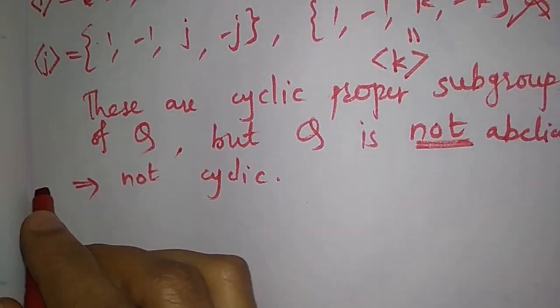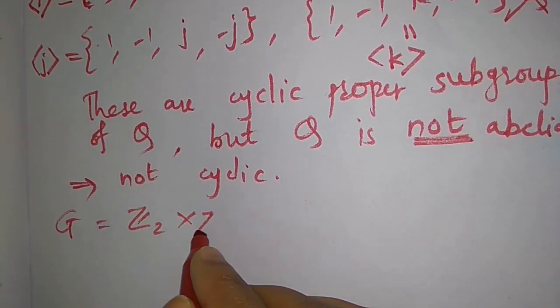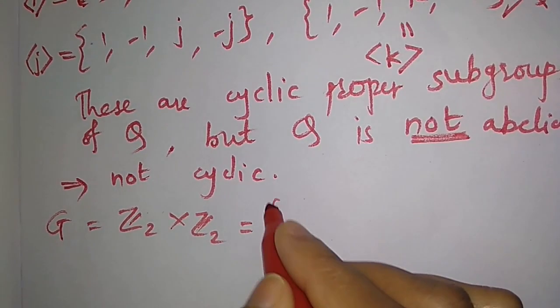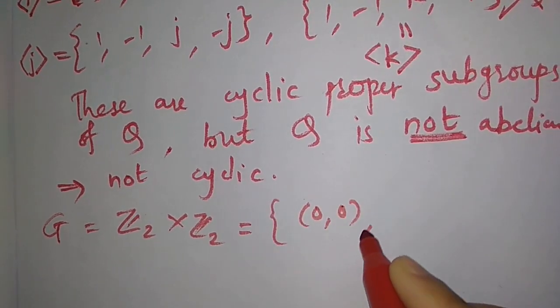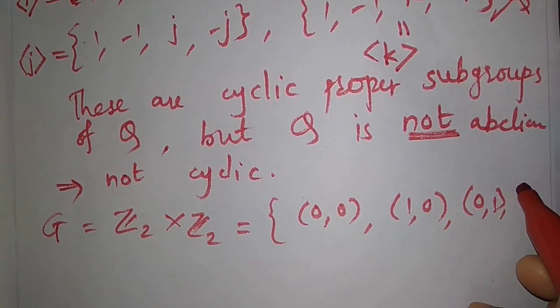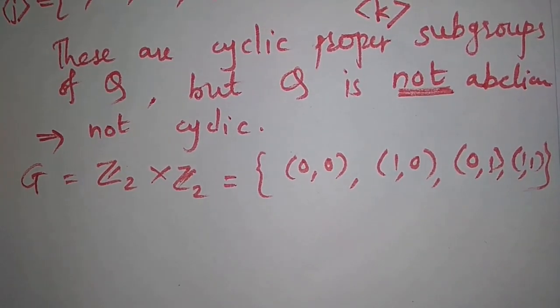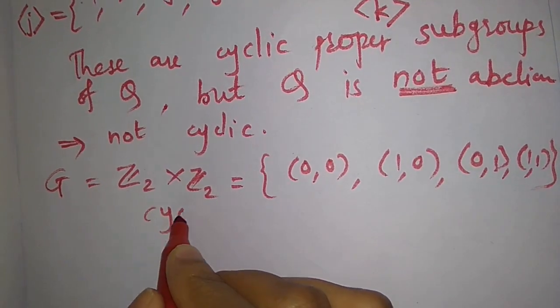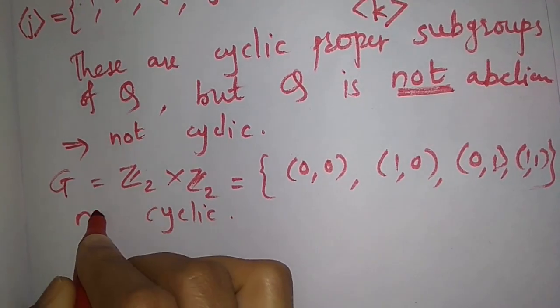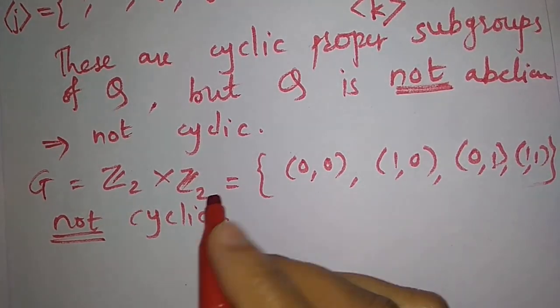Or you can take a second counterexample: let us say G is equal to Z2 cross Z2, which is the same as {(0,0), (1,0), (0,1), (1,1)}. This group is not cyclic, but every proper subgroup is cyclic. The proper subgroups are Z2 cross {0}, Z2 cross {1}, {0} cross Z2, and {1} cross Z2.